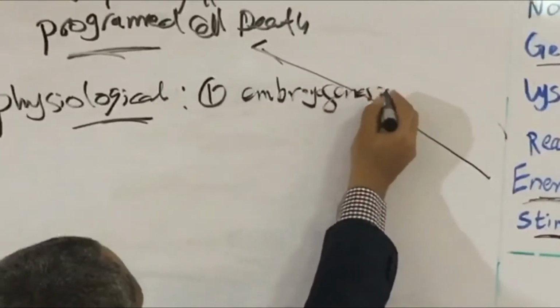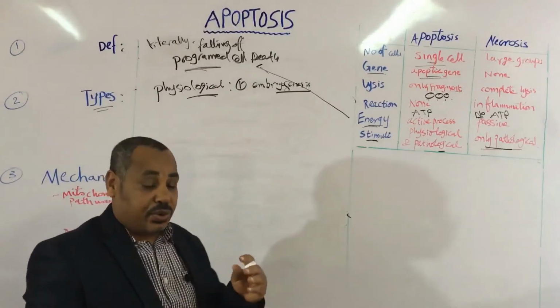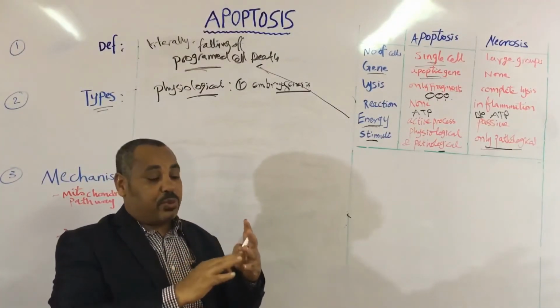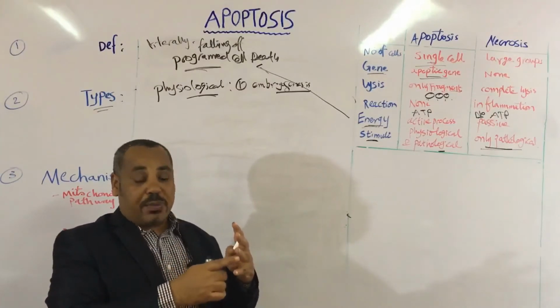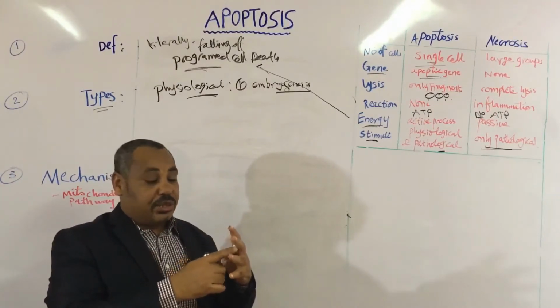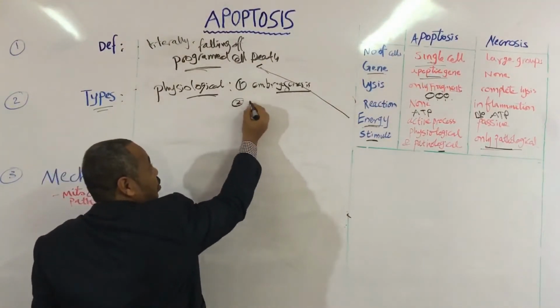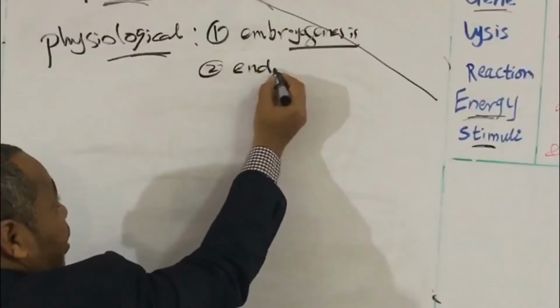For example, here if you see the fingers, there is webbing in between the fingers, and this is due to apoptosis which takes place in the tissue in between the fingers. Also in the endometrium, endometrial shedding.